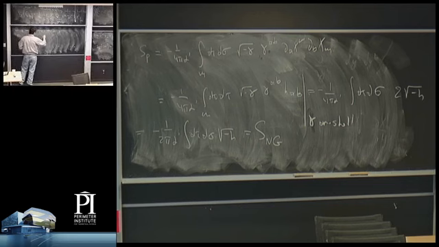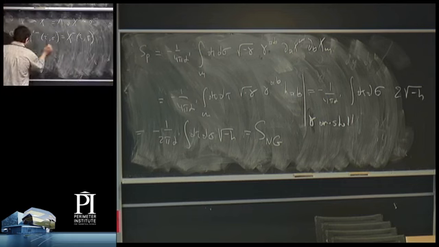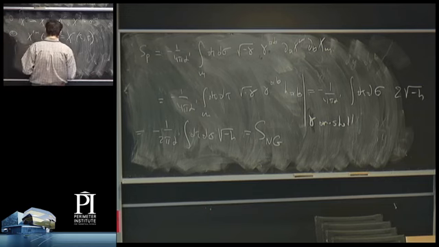We built it in such a way that our X's are scalars under reparametrization invariance, but gamma is a metric, right? So it must transform as I change my coordinates. The way it transforms is: dy c prime over dy a, dy d prime over dy b, times gamma prime c d equals gamma a b.